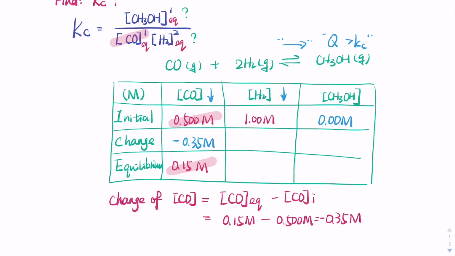The ratio of the concentration change of carbon monoxide to hydrogen is going to be 1 to 2. We have an unwritten 1 here. So every 1 mole of CO reacts with 2 moles of H2. If 0.35 molarity of CO reacted, you're gonna have double the amount of H2 reacted. This is very important for you to understand.